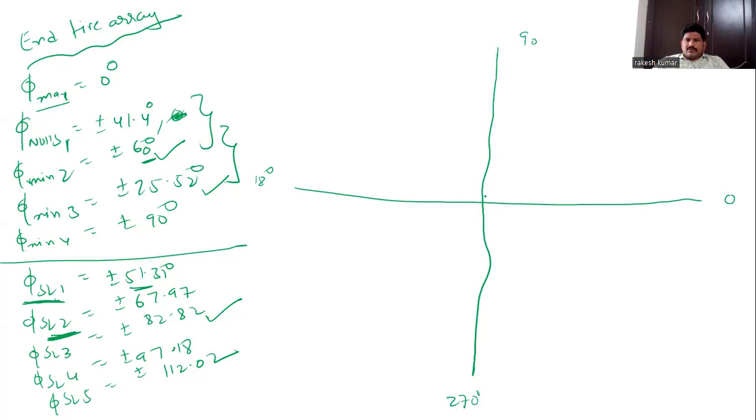Okay, now first draw the maximum radiation. Maximum radiation of the end-fire array is equal to 0 degrees. So this is my maximum radiation.